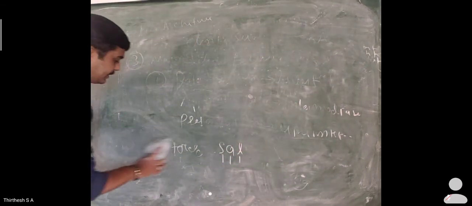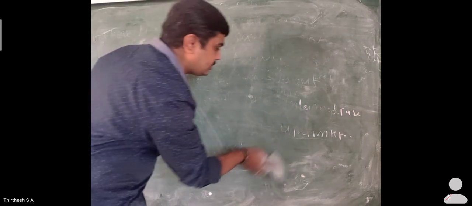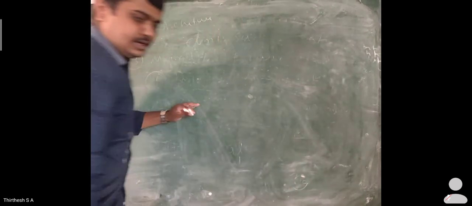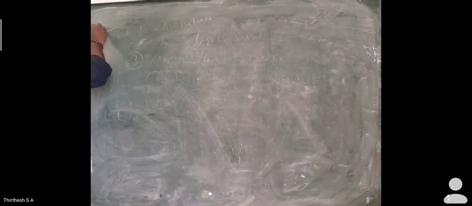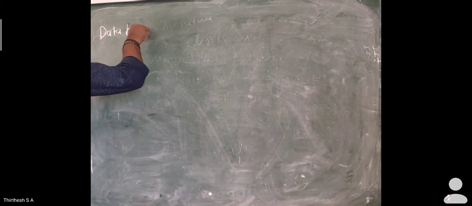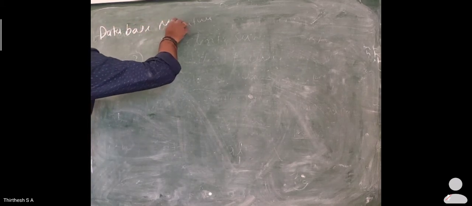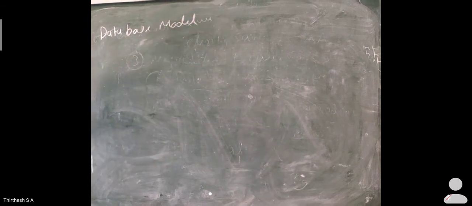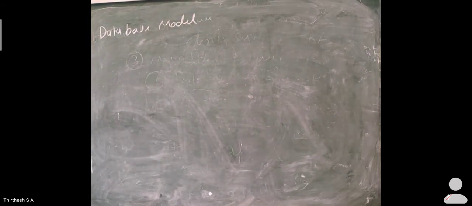So next, coming up to database models. So what is a database model? A database model is an abstract model that describes how data is represented and used. So what does this database model say?